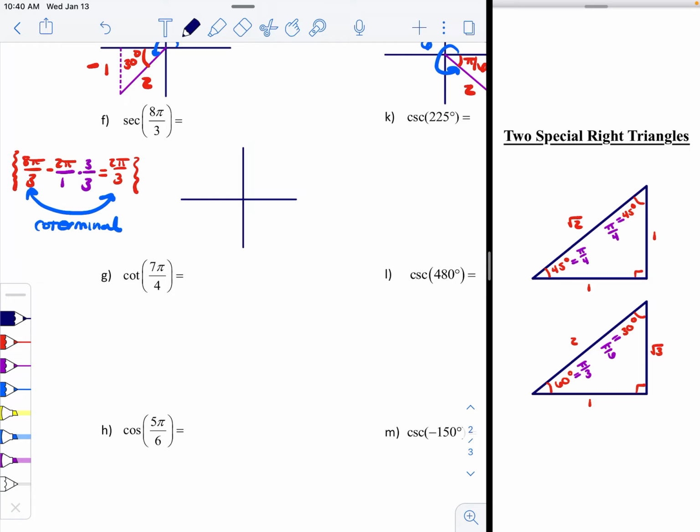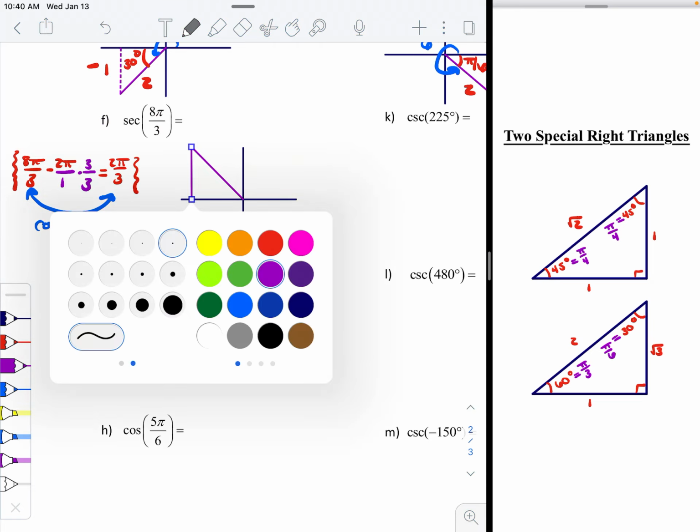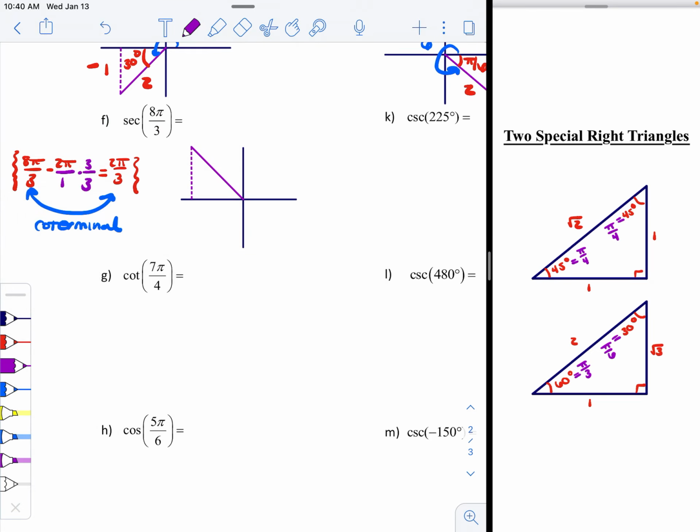So 8 pi over 3 minus 6 pi over 3 would leave us 2 pi over 3. All right, so these guys, 8 pi over 3 and 2 pi over 3, those are coterminal angles, meaning they have the same terminal side when you graph them.